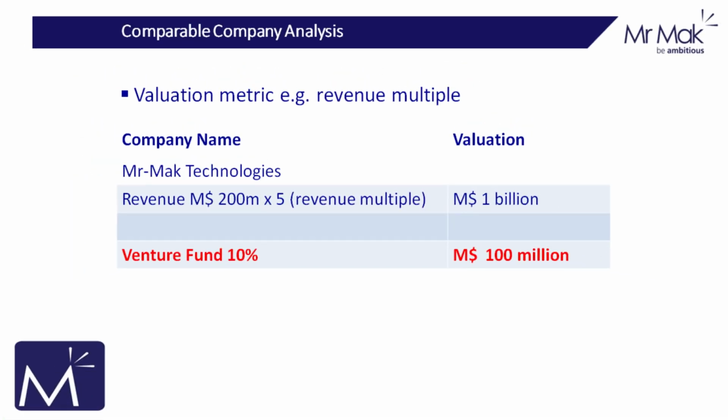Let's do an example again. If a portfolio company is generating 200 million in revenue and similar listed companies are trading at 5 times their revenue, then the value of the portfolio company would be 1 billion. If the VC firm held 10% of the company, then the initial indicative value of its stake could be around 100 million.